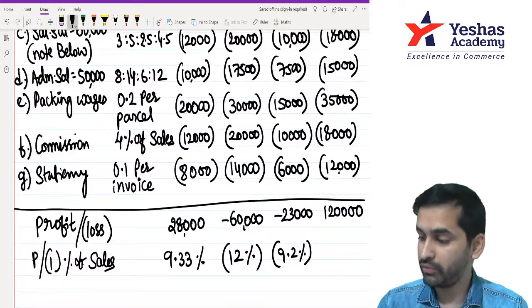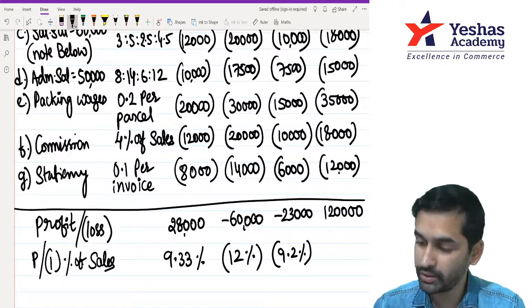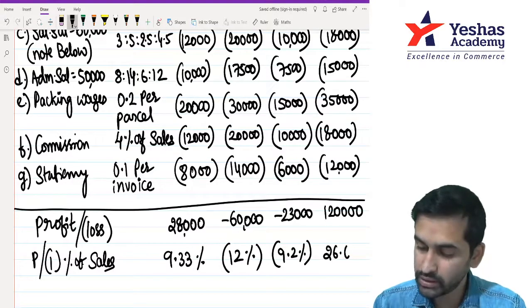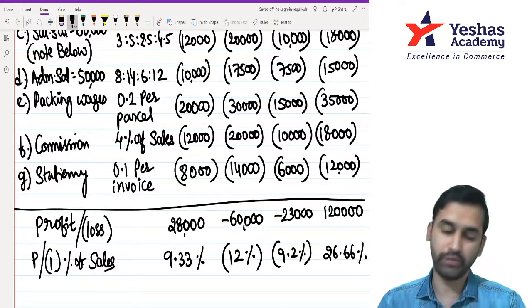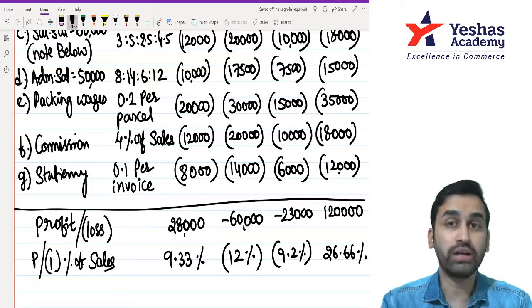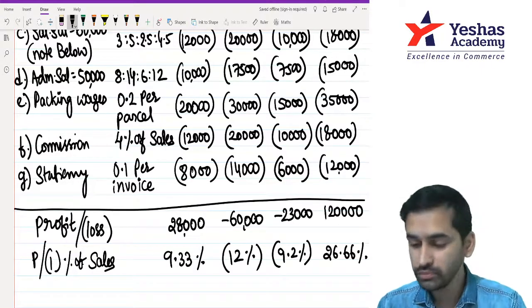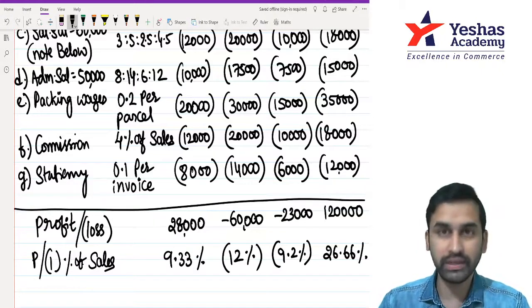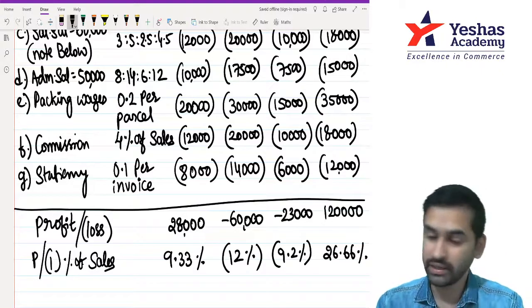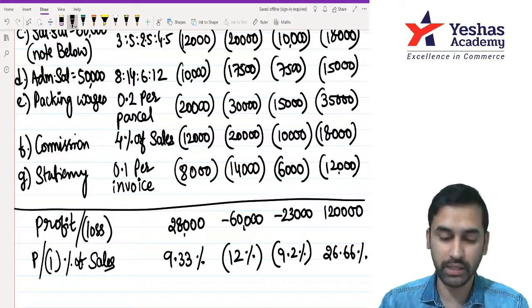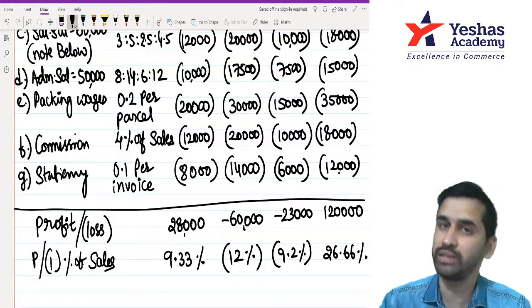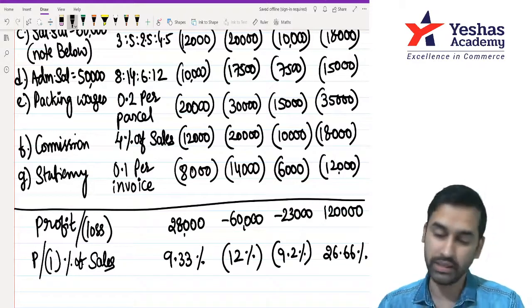Divide that by 4,50,000 into 100, 26.66% profit. They have not asked you whether to continue or discontinue. So don't get into writing comments. Question is only to calculate profit or loss, also in percentage, so you have to do that percentage extra.